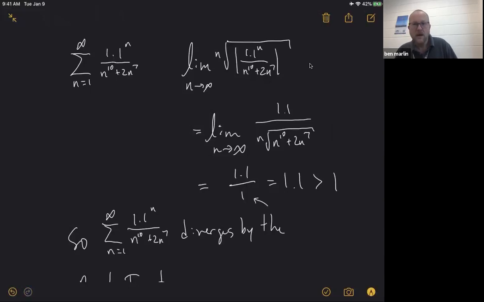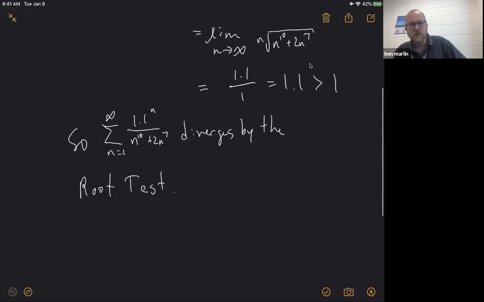It wouldn't be 1 until you took the limit, but in the limit, it'll turn out to be 1. So that means we got 1.1 divided by 1, which is just 1.1. Maybe I should have had some 2's there or something, but it's a limit that's more than 1. And so the root test tells us that this thing has to diverge, right?